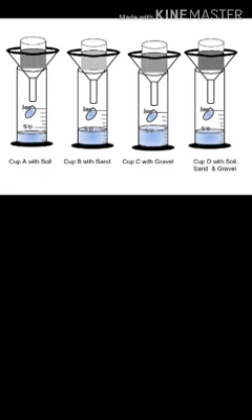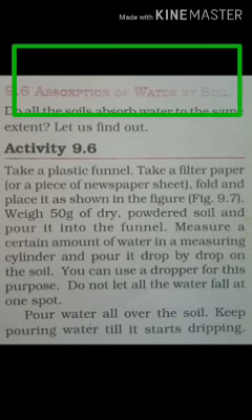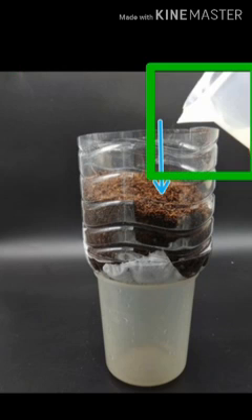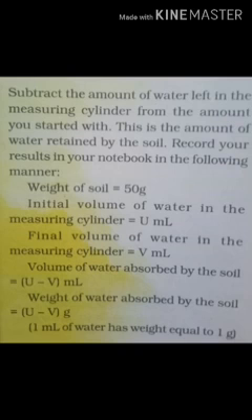Here, the formula to find the percolation rate of the soil is shown. Similarly, we can find water absorption capacity also. How to do that? Find the difference between the water that you added and the water which was drained out. Subtract the two and find the difference.